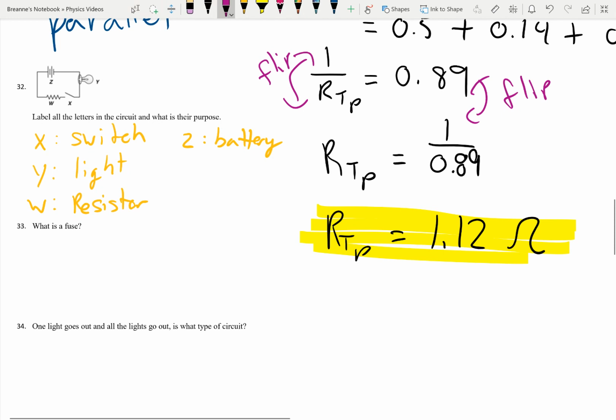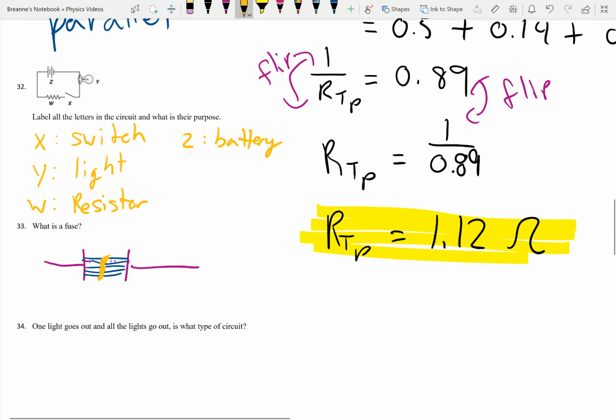What is a fuse? Basically, a fuse is little pieces of metal. So if you have wire, and then it's basically little pieces of metal, here, we'll get a different color, little pieces of metal that connect the wire, and if it overheats at all, the metal will melt and break, and it'll stop the electricity from being able to move.